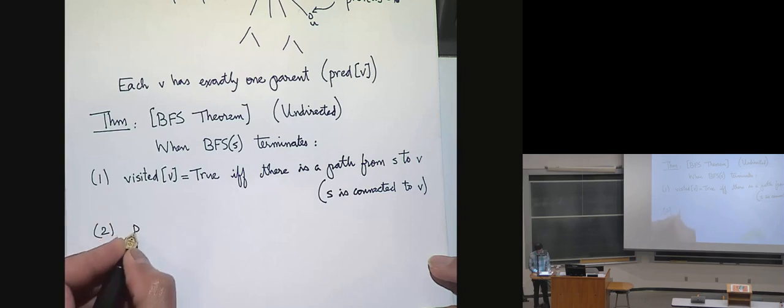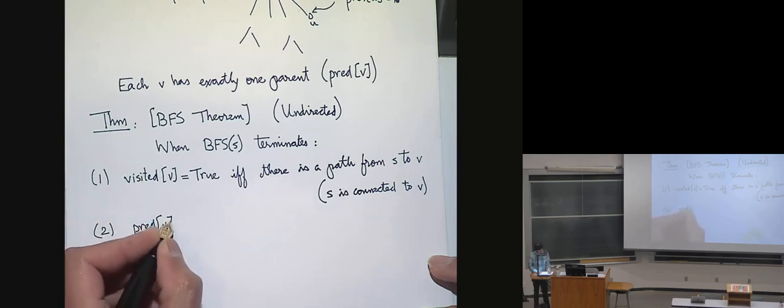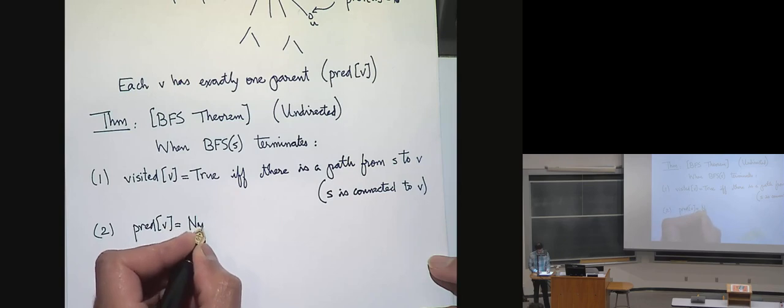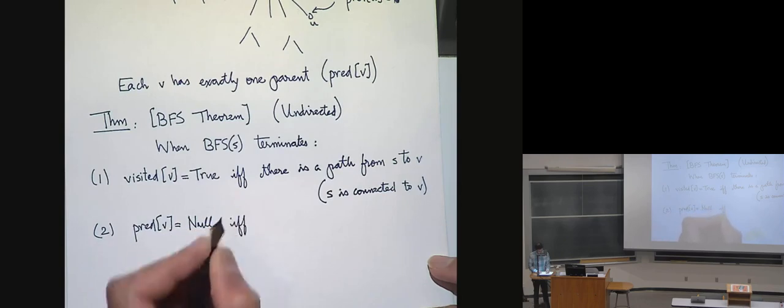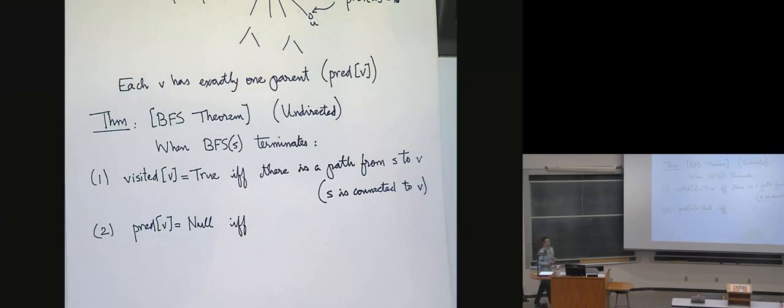The second: predecessor V is null if and only if what? I don't get it. There could be a path, but I haven't visited the node.